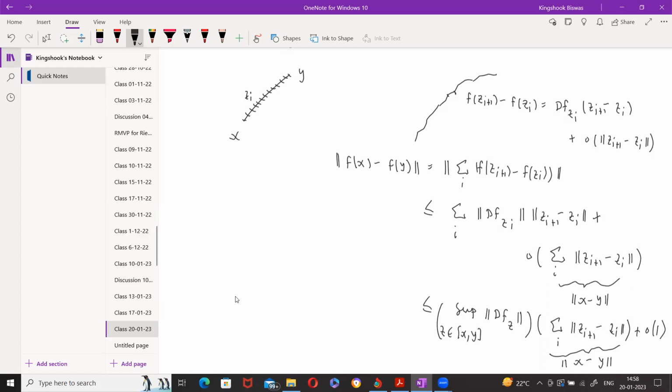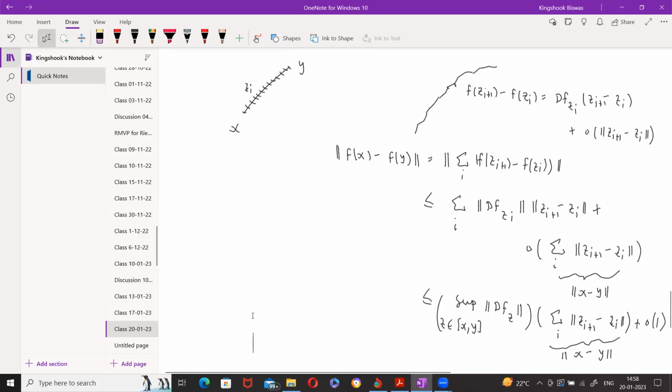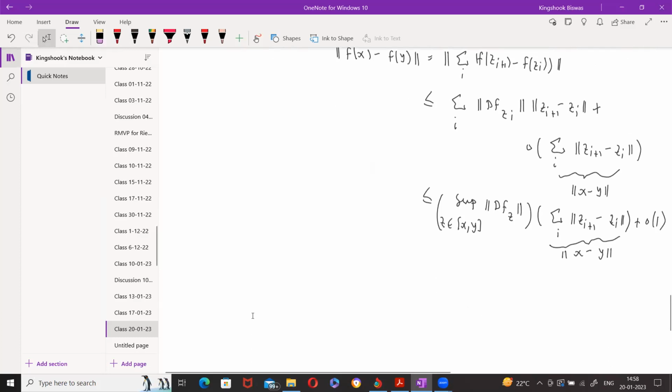Okay. So that's the mean value theorem. And then using the mean value theorem, it's easy to show that if, let's say, the derivative is 0 at all points, then f is constant, right? Because at least in a ball around each point, if you apply the mean value theorem, this sup of norm Df is 0. So that means f(x) is equal to f(y) for all y in a ball around x.